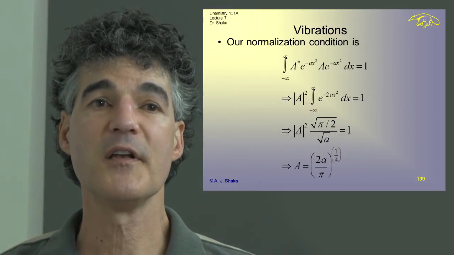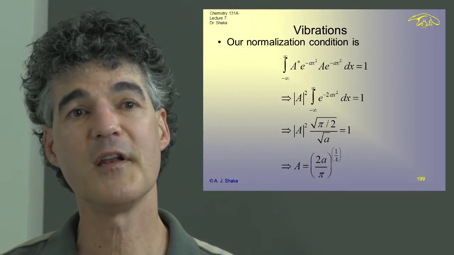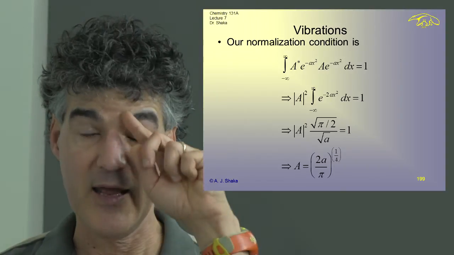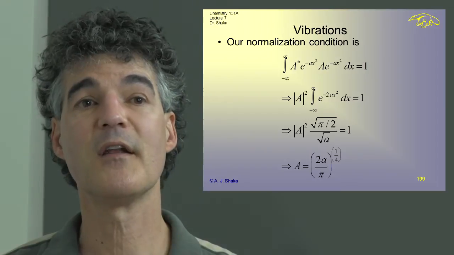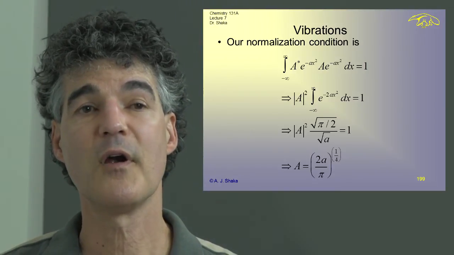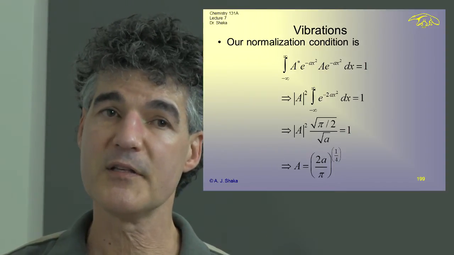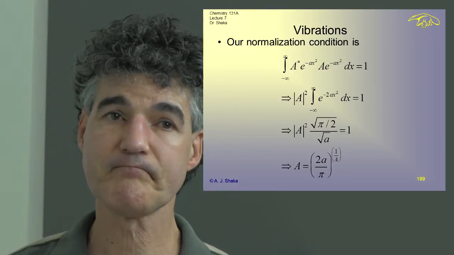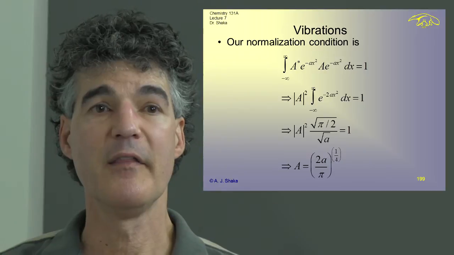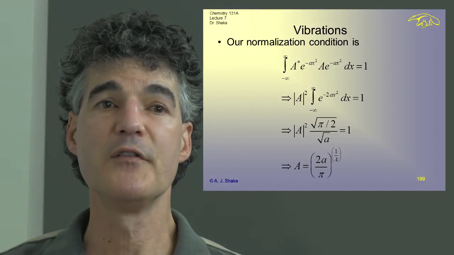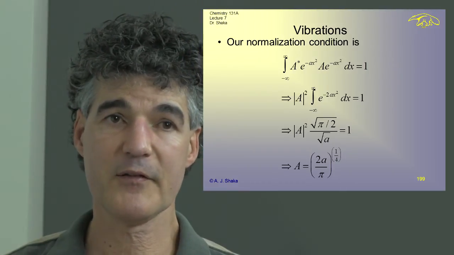Our normalization condition now is that we should take the square integral of this thing from minus infinity to infinity as usual, and the integral of e to the minus 2ax squared dx, that's a standard integral which you can look up. That's the square root of pi over 2 divided by the square root of a, and capital A squared times that should be equal to 1. And therefore, if we take the square root of both sides, we find that A should be 2a divided by pi to the 1/4 power, and that's capital A.